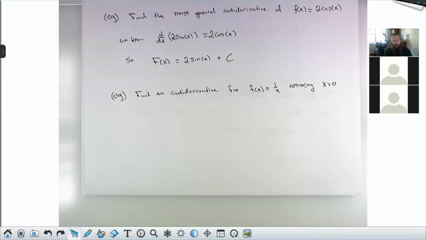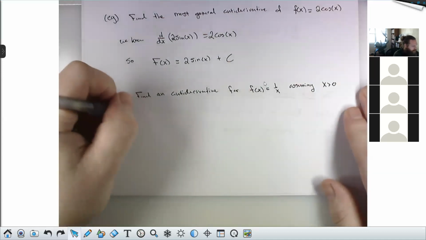And I think there's a meaningful hint in this. There's a reason why we need this assumption. Is it ln x? Yeah, think about the curve sketching problem from exam 2. The derivative of the natural log of x is 1 over x.